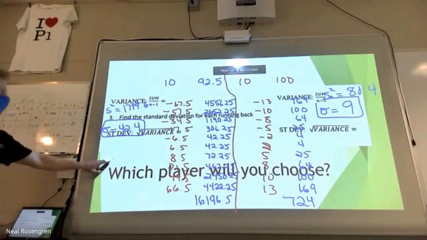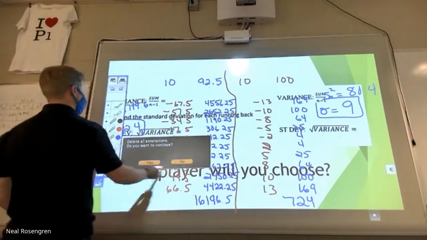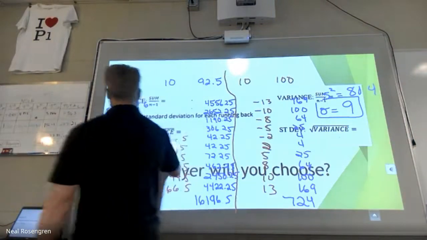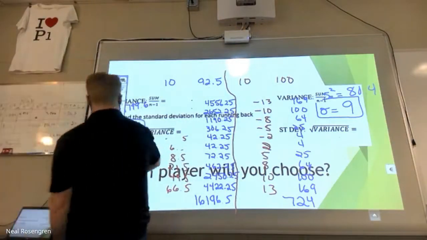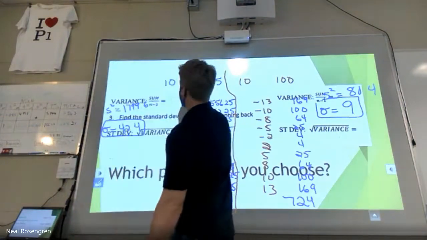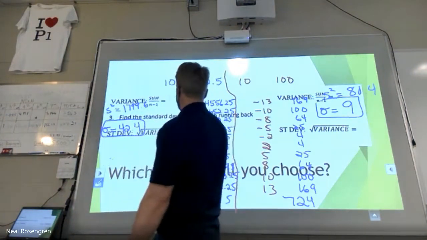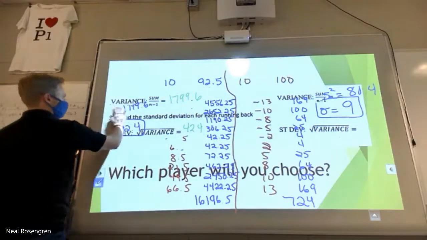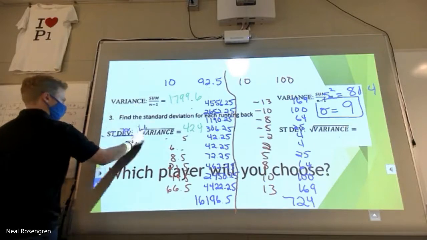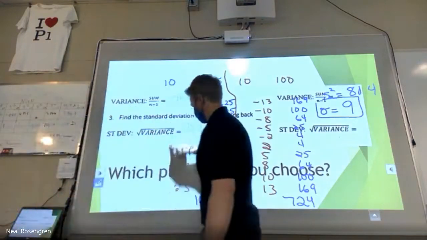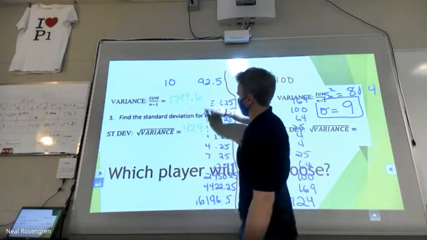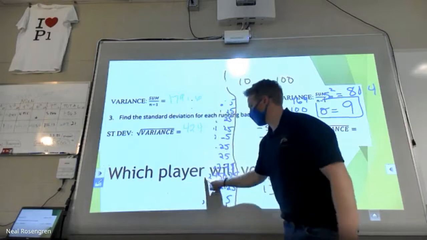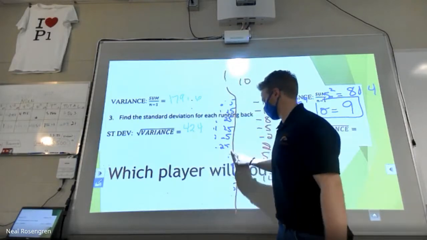All right, so we ended up with 1, 7, 6. Decimals did not do us any favors there for sure, but it is what it is.